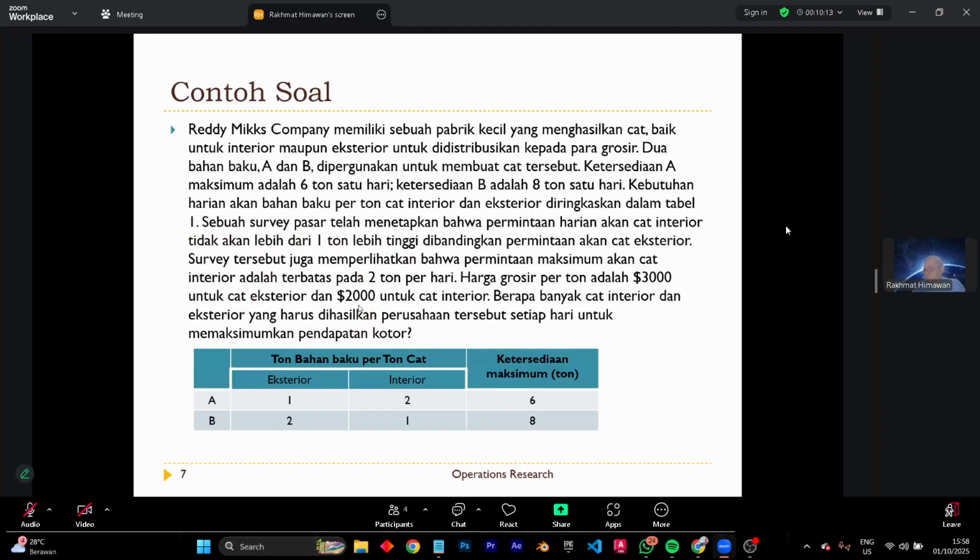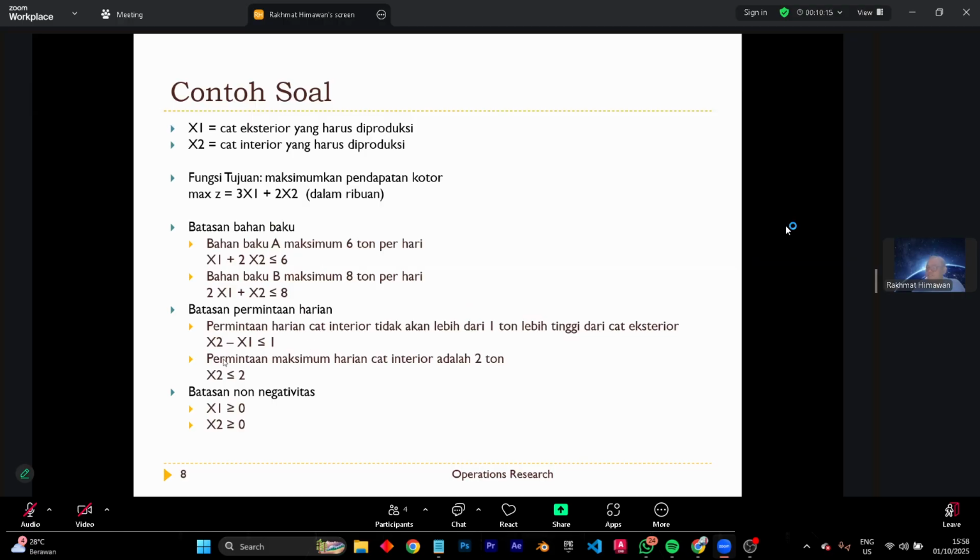It's based on the story, you can say. I'm just making it faster. And also the maximum demand of interior paint, which is X2, is 2 ton. The daily demand is 2 ton, so that's why X2 will not be more than 2. This is just a requirement, based on what the company wants to limit themselves to. Of course with non-negativity.